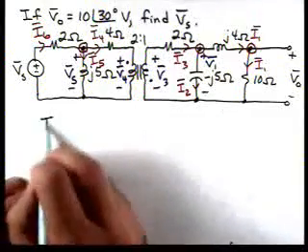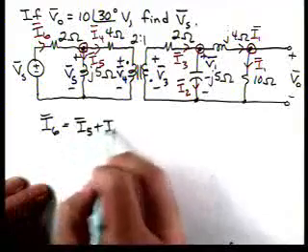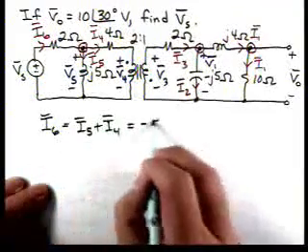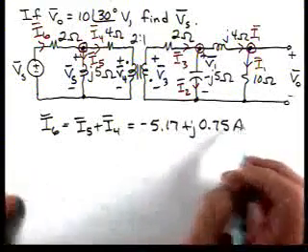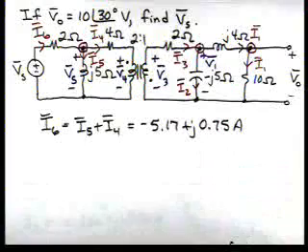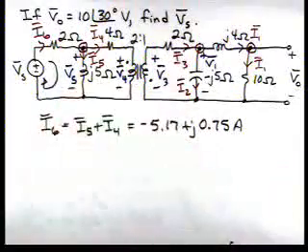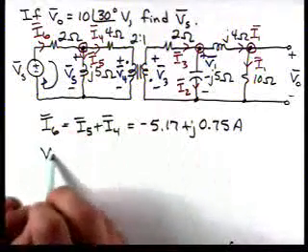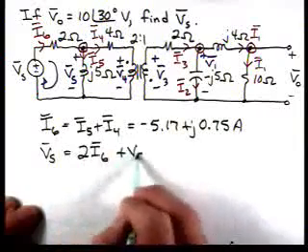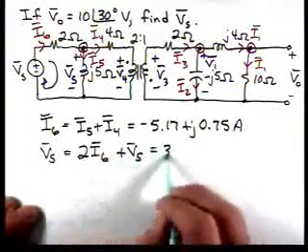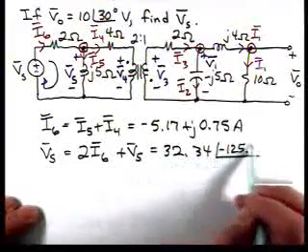So I6 is I5 plus I4, minus 5.17 plus J 0.75. And now, finally, by applying KVL around this loop, we can write VS is 2I6 plus V5, and that's 32.34 at an angle of minus 125.3 degrees.